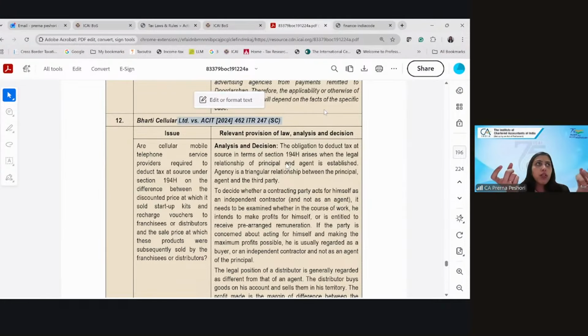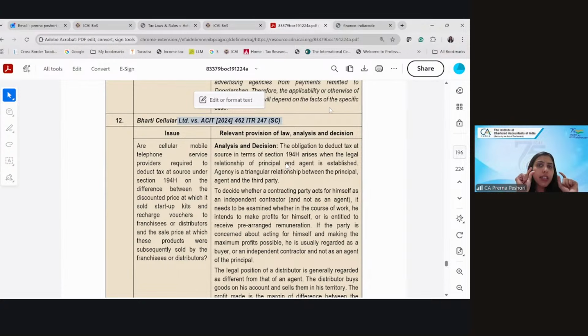So, there used to be these recharge vouchers which you used to scratch and recharge your mobile. Even now, some people do it who are not able to access the apps. So, these stores purchase these recharge vouchers or SIM cards, startup kits at a discounted price from Airtel or Vodafone and sell it to you at the MRP.